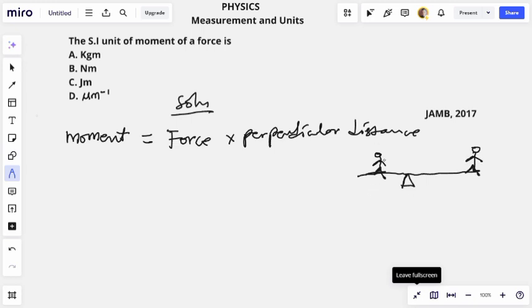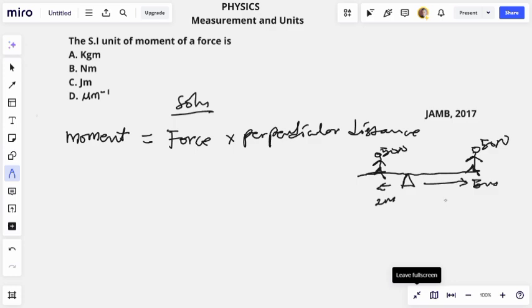Now let's assume that these two people have the same weight, 50 Newton, and this one also, his weight is what? 50 Newton. But this one is sitting 2 meters away from the fulcrum, while this other person is sitting, let's say, 5 meters away from the fulcrum.